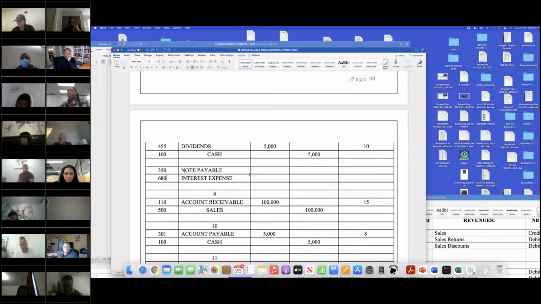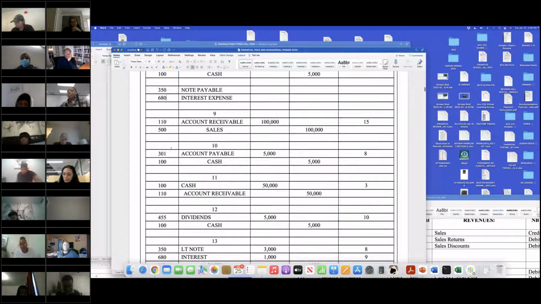Yes, now I can. So how much are we going to debit note? What are we going to credit? Cash. How much are we going to credit cash for?